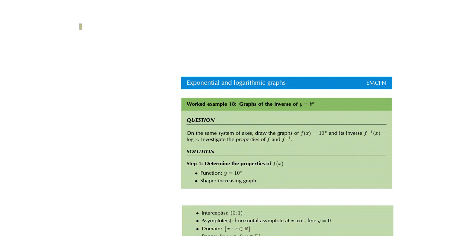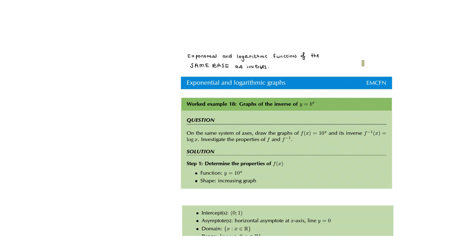What I want you to know is that exponential and logarithmic functions of the same base are inverses. So don't just say the exponential is the inverse of a logarithmic and a logarithmic is the inverse of an exponential function. It's only valid when the bases are the same.